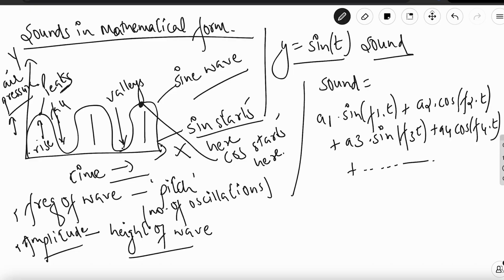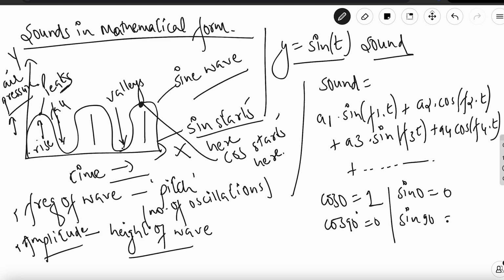So sine starts at the valley, whereas cos starts at the peaks. That's how sound is represented. Now why is that the case? We know that cos of 0 is 1 and cos of 90 is 0. Similarly, sine of 0 is 0, whereas sine of 90 is 1.